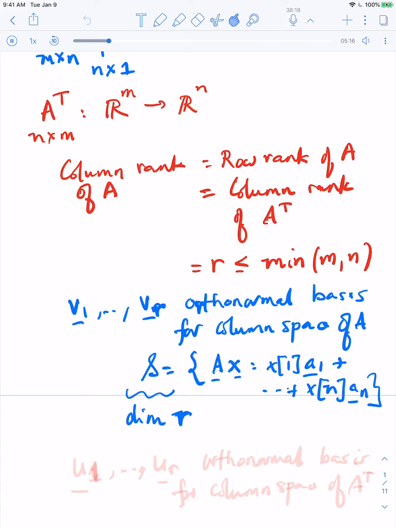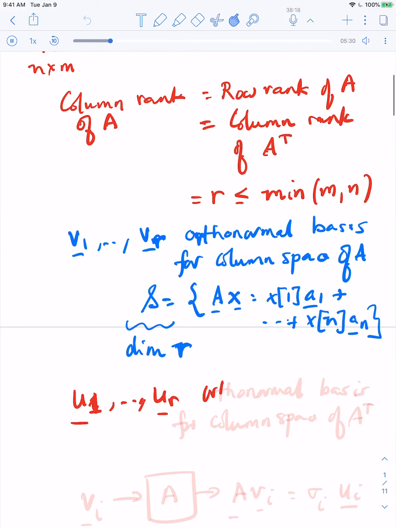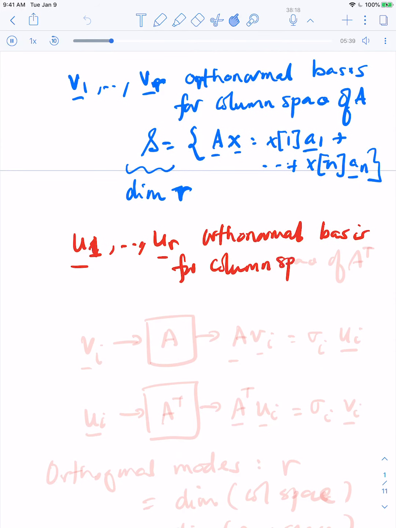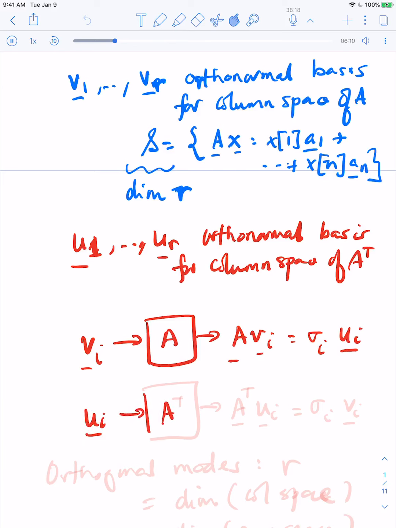So I can find V1 through Vr, which is an orthonormal basis for the column space of A, and simultaneously U1 through UR, which is an orthonormal basis for the column space of A transpose, and again that is just an analogous definition, such that there are these special pairs, such that when I send Vi through A, and I get, of course, A times Vi, that's going to be a multiple of Ui, and when I send Ui through A transpose, and of course I'll get A transpose Ui, that's going to be the same multiple of Vi.